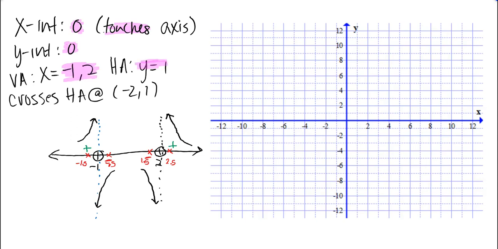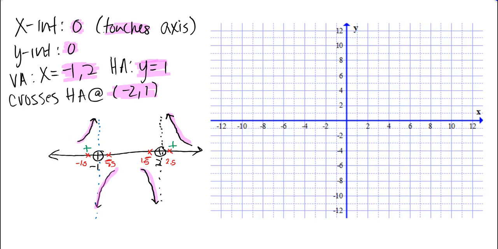We found a horizontal asymptote at y equals 1. We found that the graph will cross the horizontal asymptote at negative 2, 1. And we also have worked out what the end behavior will be around those vertical asymptotes. So that's very helpful. So let's see if we can come up with a sketch of the graph.